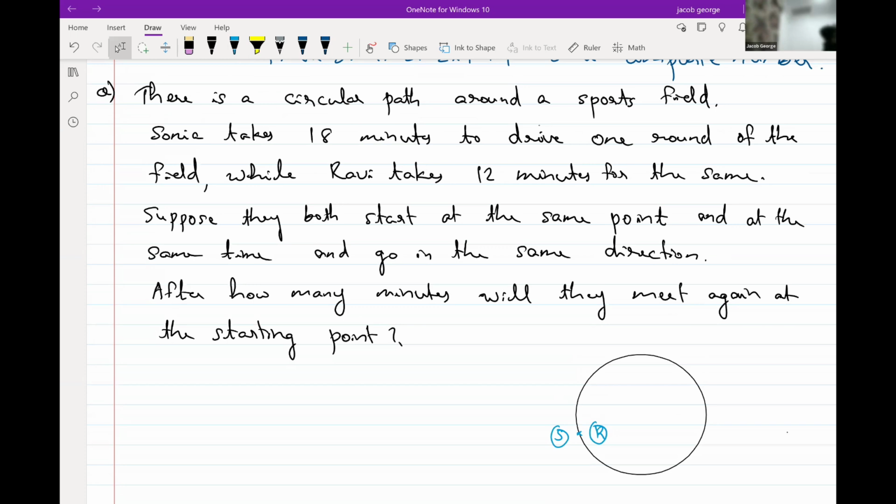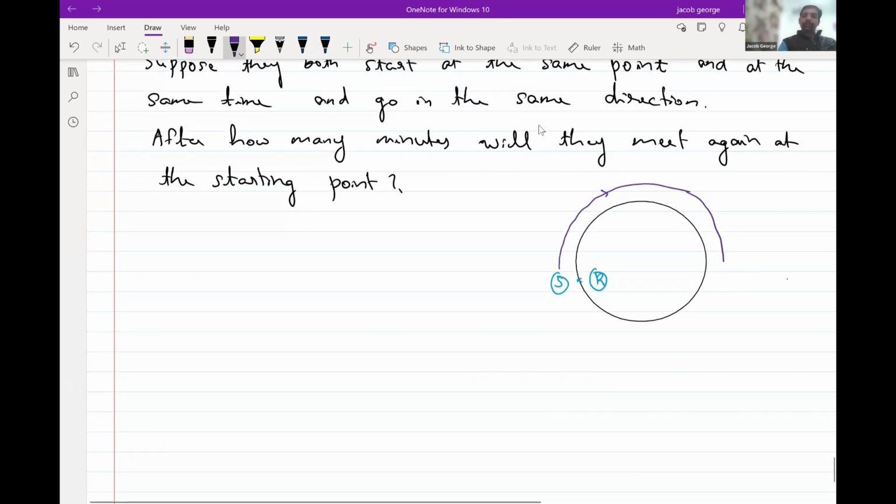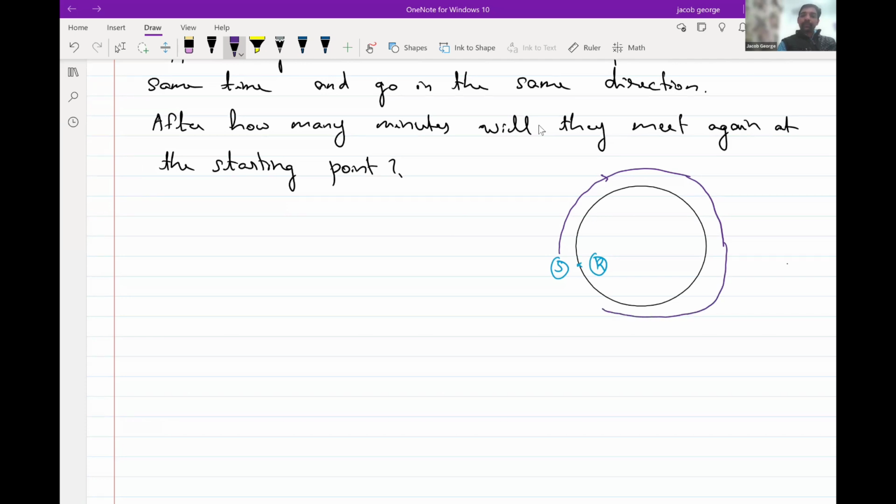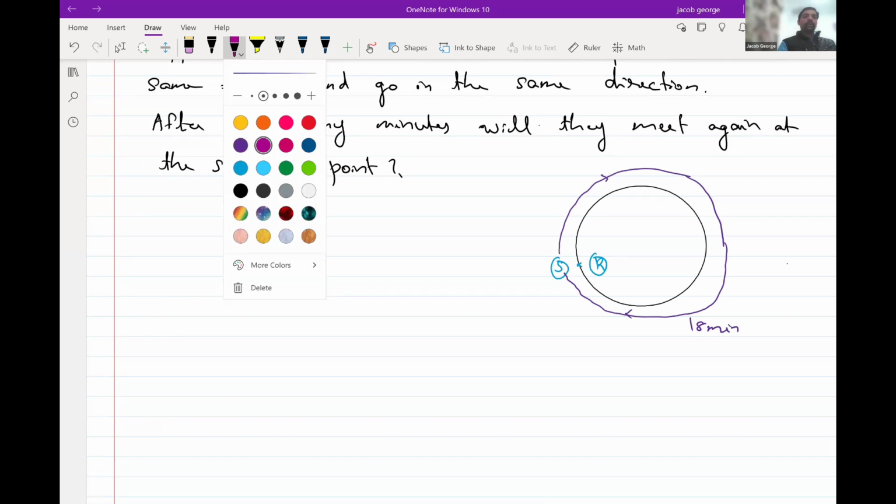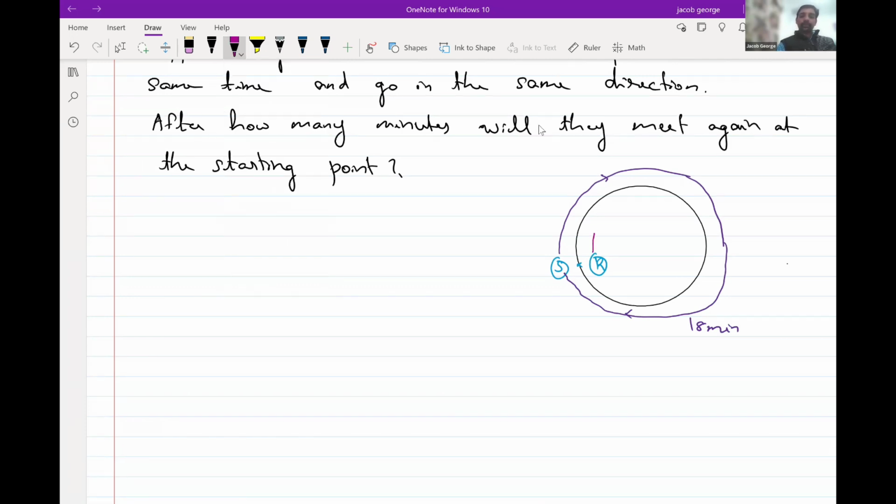Sonia takes 18 minutes to drive one round of the field. So this time taken is 18 minutes, while Ravi takes how many minutes? 12 minutes. Ravi starts like this and goes like this, and he takes 12 minutes.